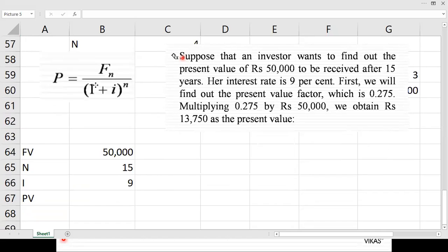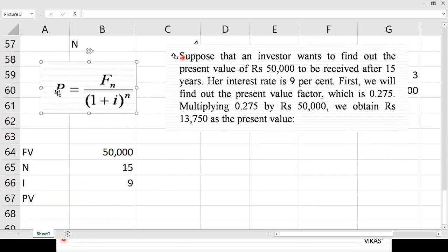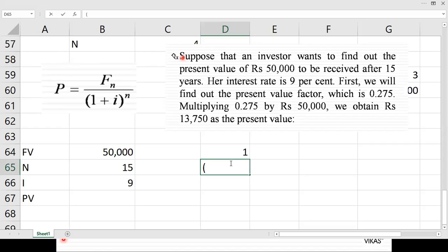This is the formula. Present value equals future value divided by 1 plus i to the power n. Simply, we can put it as 1 over 1 plus r to the power of the number of periods.